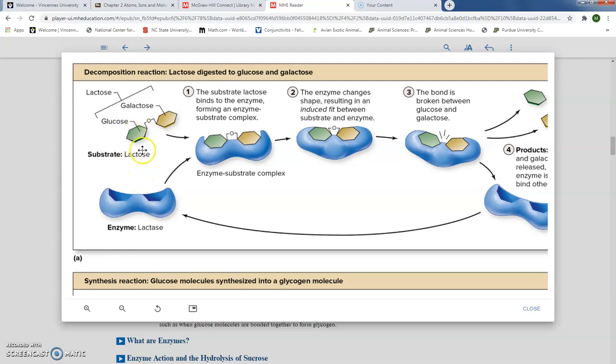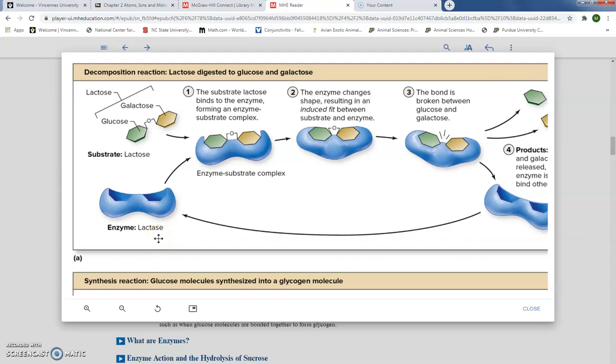So it's really easy. If we know this enzyme will bind only to this substrate, and we're familiar that this is the substrate, lactose, then they just name the enzyme that only binds lactose, lactase. So usually it's the ASE at the end that indicates that it is an enzyme. Not all enzymes end in ASE.